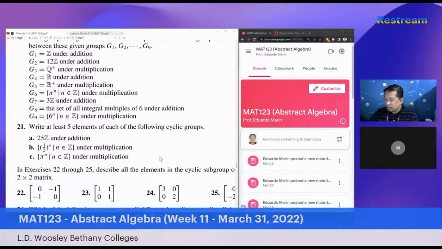What would be the 5 elements of the set? Michaela, under that 25 modulo, under addition.